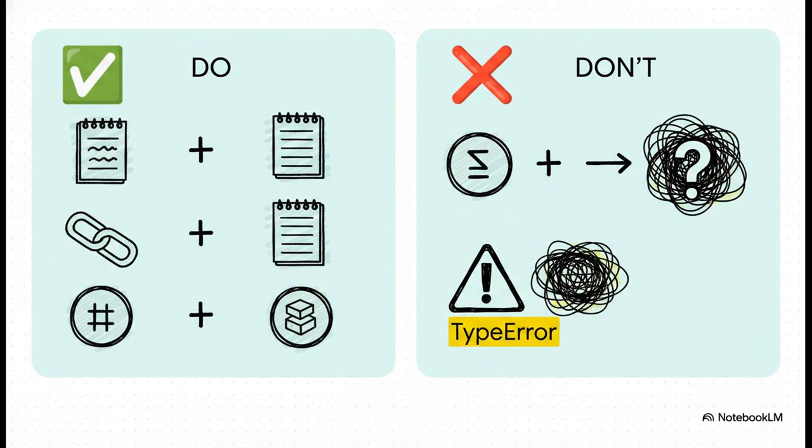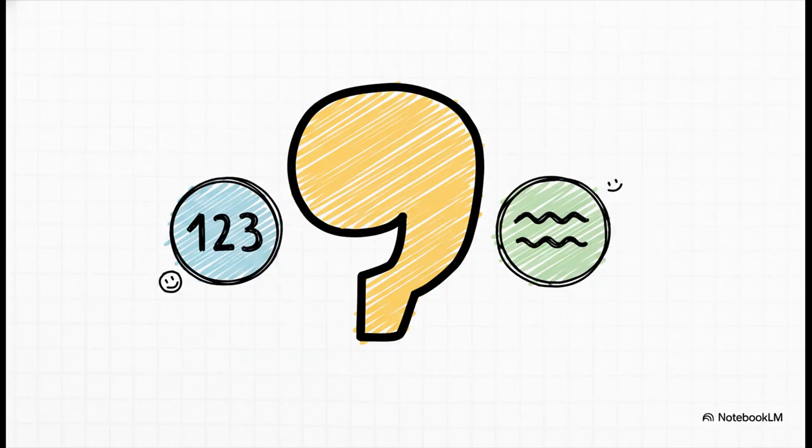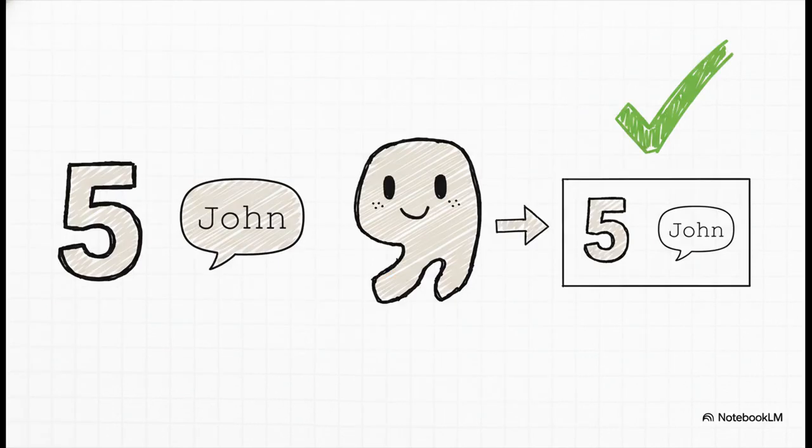you there's a problem. And this whole experiment leads us to the golden rule, the big takeaway. If you want to avoid this common trap, especially when you're not sure if you'll be mixing numbers and text, the absolute best and safest way to go is to just use commas. So check this out. We take the exact same variables that just crashed our program, the number 5 and the string John, but this time we use a comma, and it works perfectly, no error.